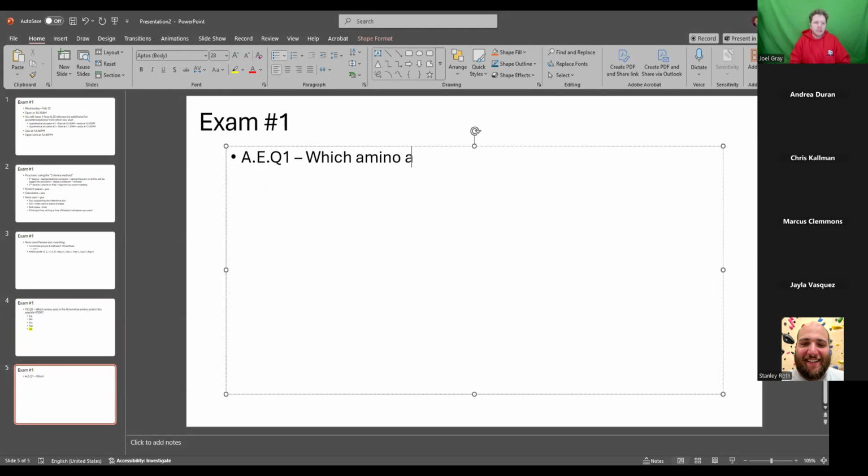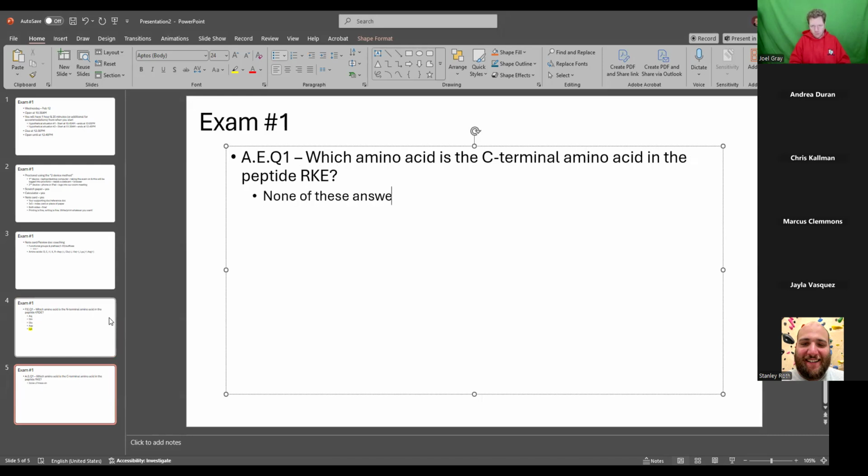Which amino acid is the C terminal amino acid of the peptide? And let's go with RKE. Okay, so when we think about what the last question was asking about, we'll go ahead and say none of these answers are correct.